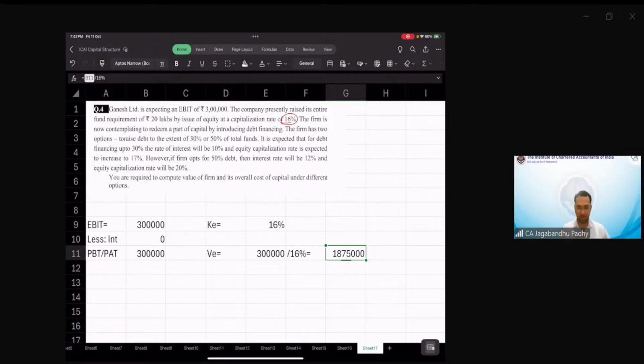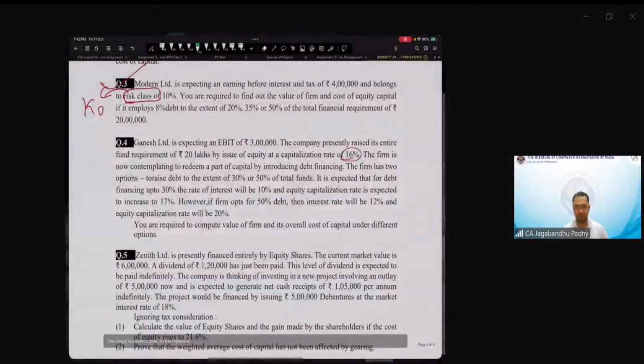So PBT or PAT, we have the value of equity to be 18 lakh 75,000. That's the value of equity we got right now.